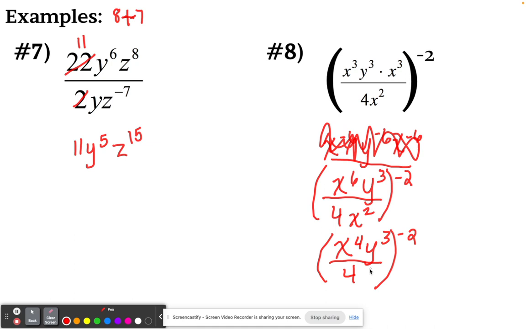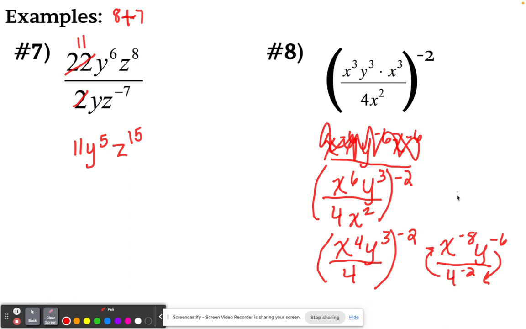Now let's raise everything to that negative 2 power. It's going to be a lot easier now. That will give me x to the negative 8, y to the negative 6, over 4 to the negative 2. All of those negatives, this 4 is in the basement. It wants to move upstairs. And both of these are upstairs and they want to move to the basement.